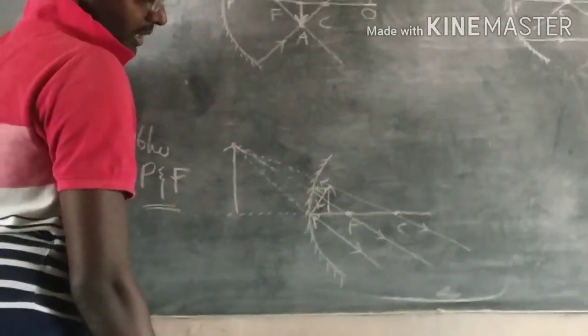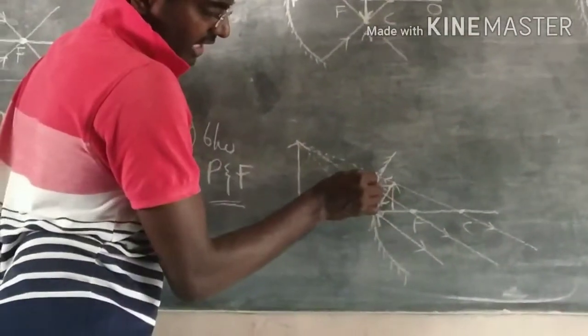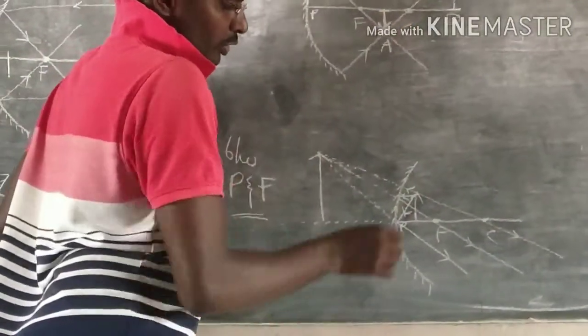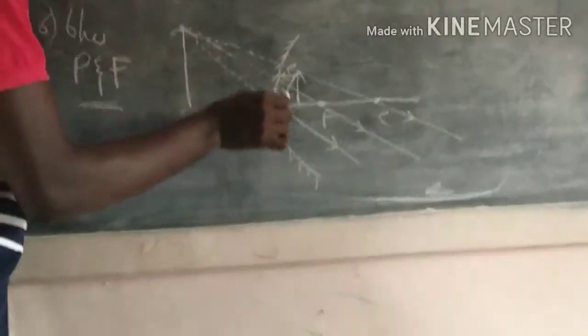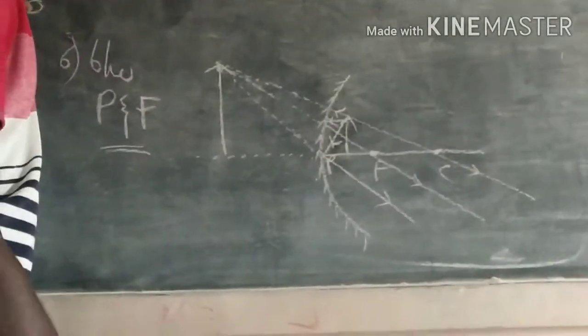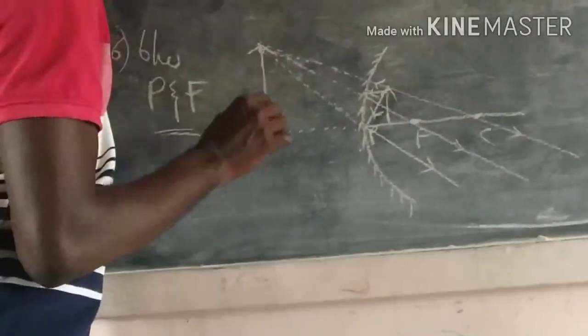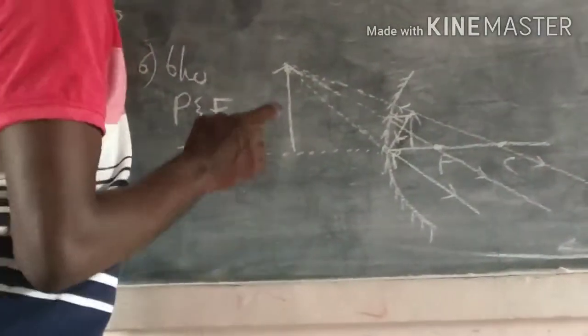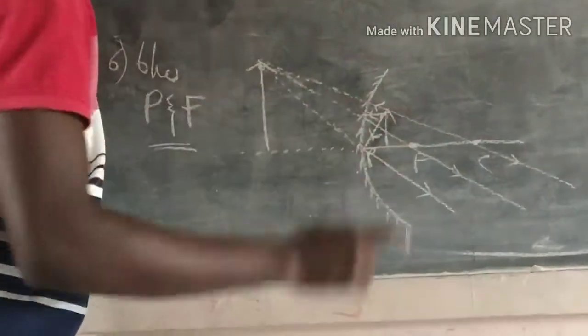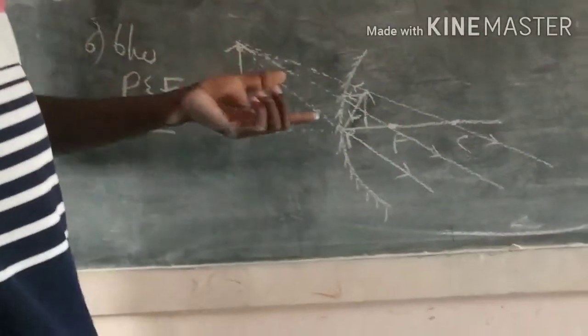Now what will happen here? If we extend these rays behind the mirror, they will meet at a point, so that we can get the image. So is this image upright, yes or no? Same as the object.